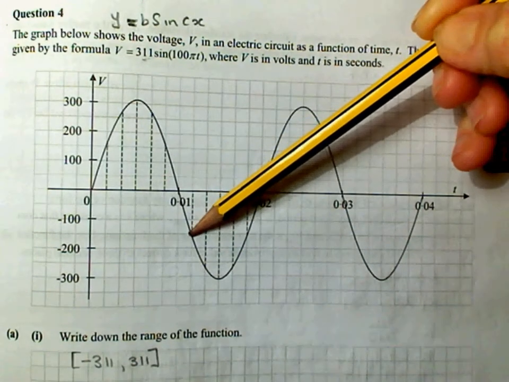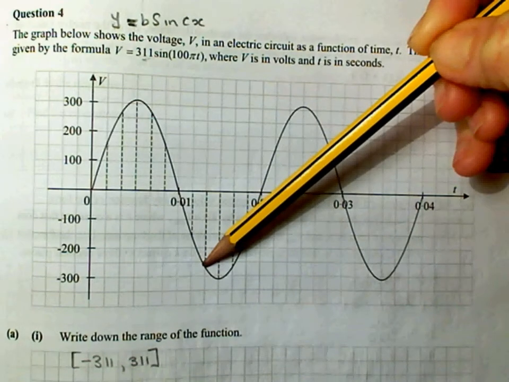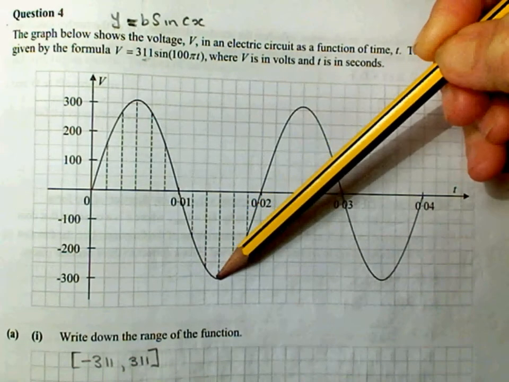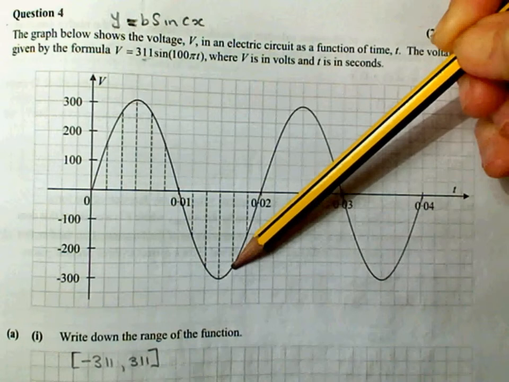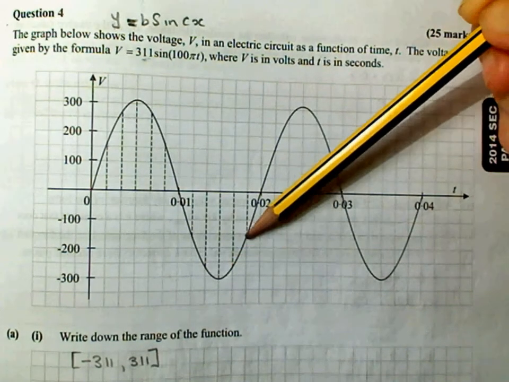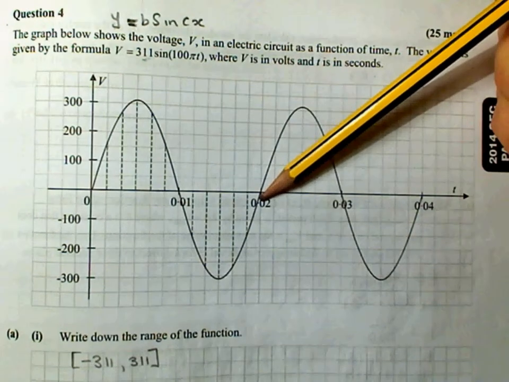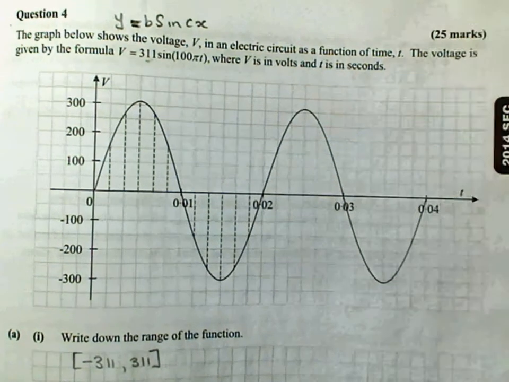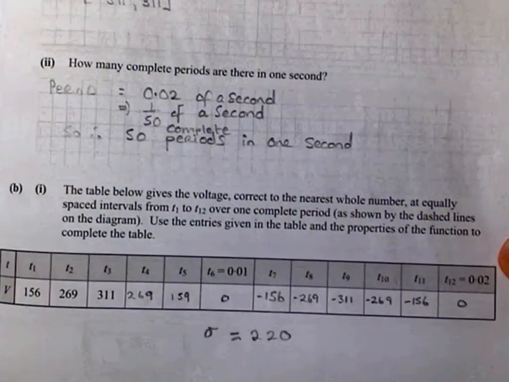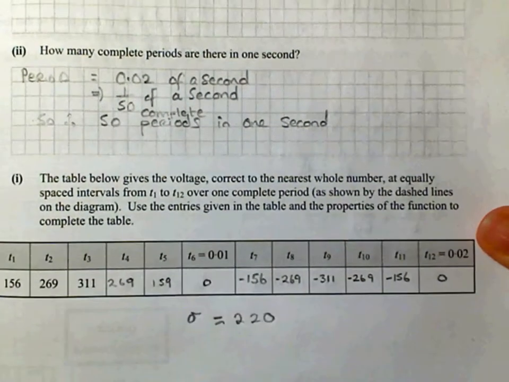T7 is minus 156, T8 minus 269, T9 minus 311, T10 minus 269, T11 minus 156, and T12 is equal to 0, as can be seen from the table here.